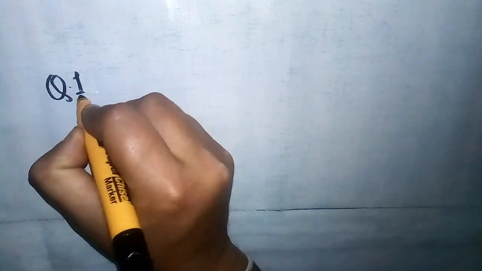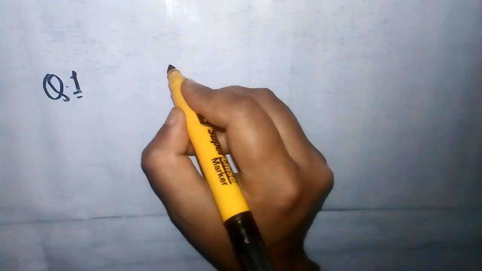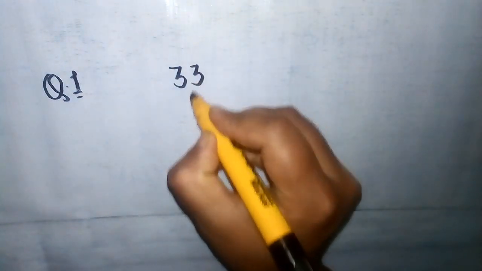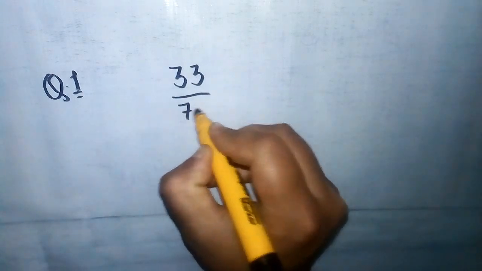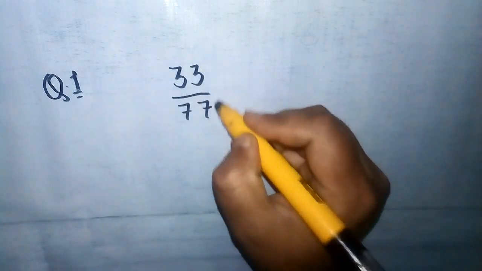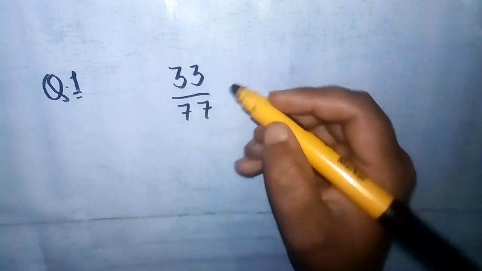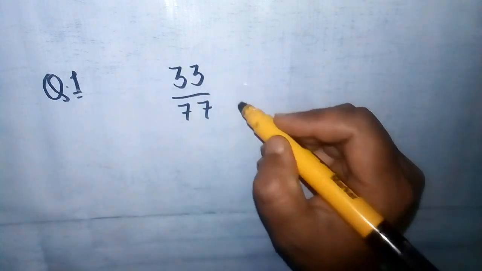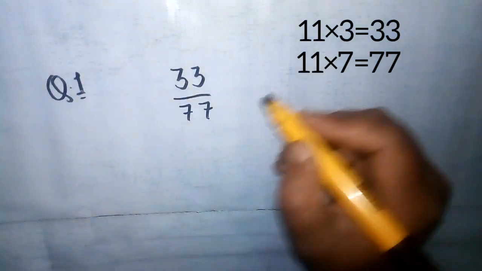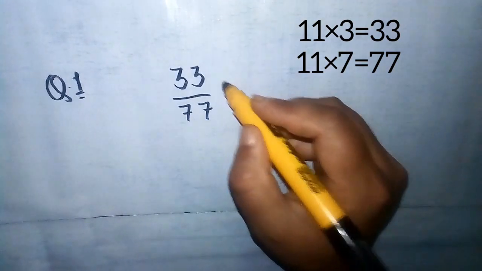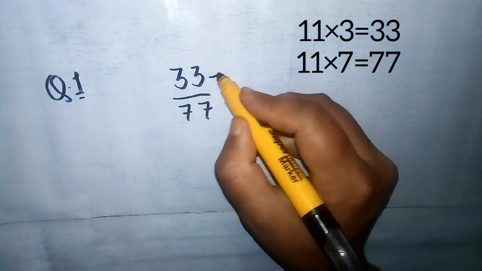So we are going to solve first part of question number 1, that is 33 upon 77. So you know both numbers are divisible by 11. Both numbers come in the table of 11. So we have to divide both of the numbers by 11.